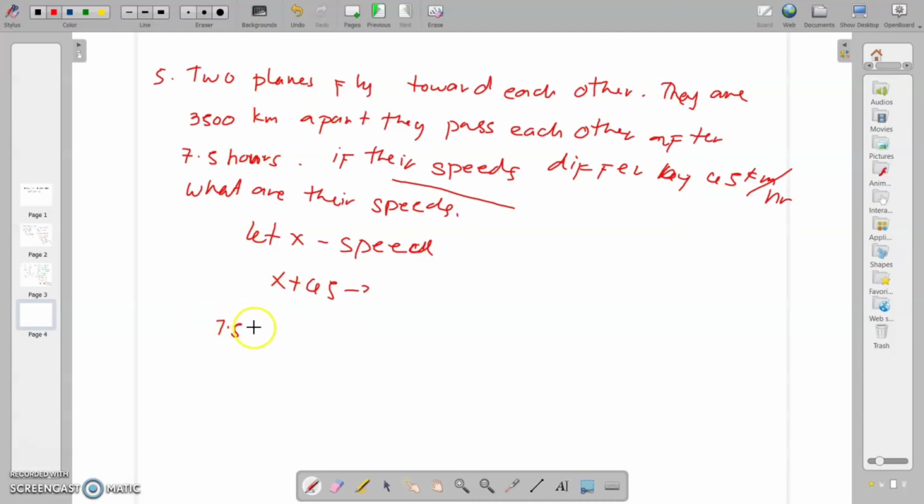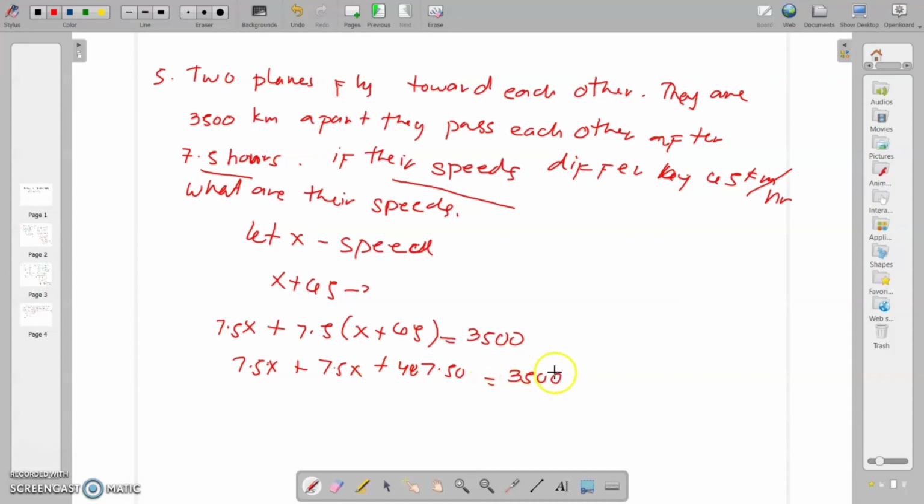So 7.5 hours, so that x, which is the speed, plus x plus 65, times 7.5 equals 3,500. So 7.5x plus 7.5x, plus 7.5 times 65 equals 487.50, equals 3,500.